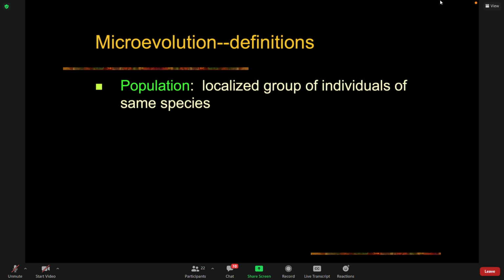So we might talk about a population of California poppies on a certain location on Mission Peak. You go up on Mission Peak and you find a big cluster of poppies, and then there's grass everywhere else. And then way over there, there's another group of poppies. Well, that one cluster of poppies constitutes a population, of the same species.